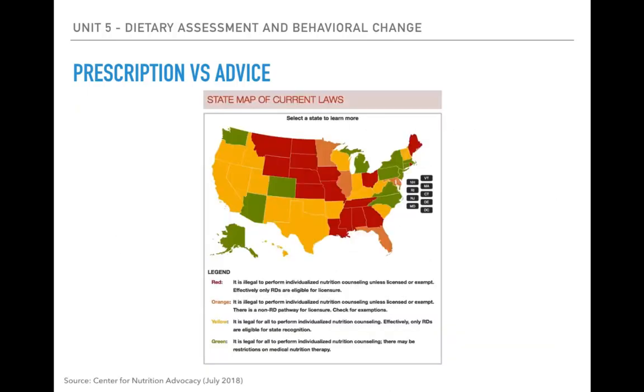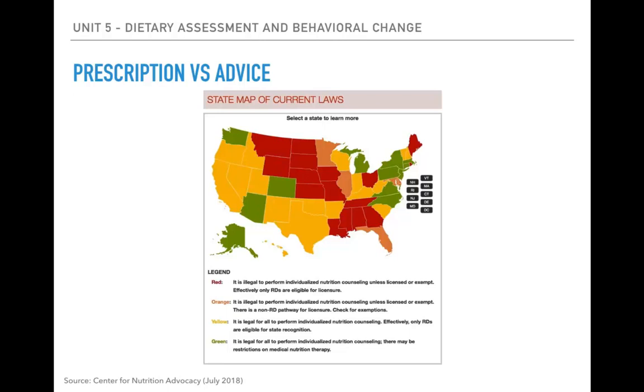And here's a current map of the laws in place dictating who is eligible to be a licensed dietitian by the state. The red ones say you have to be an RD to perform nutrition counseling, while the orange states have a pathway to licensure for non-RD professionals. Yellow and green states allow either licensure to perform nutrition counseling, but reimbursement may be limited in those without an RD.